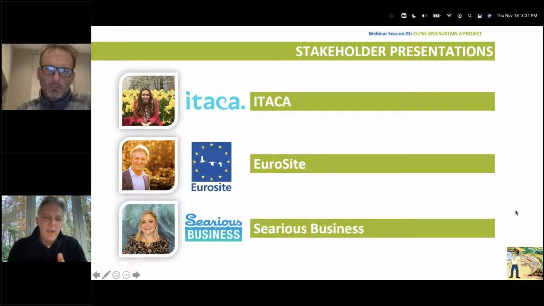Eurosite has 8 working groups. There are thematic working groups specifically on conservation. I will mention a few of them because I think they're interesting for you. One of them is the Wetlands and Climate Change Working Group, really working on climate change adaptation and mitigation connected to wetlands. We have the Management Planning Working Group.